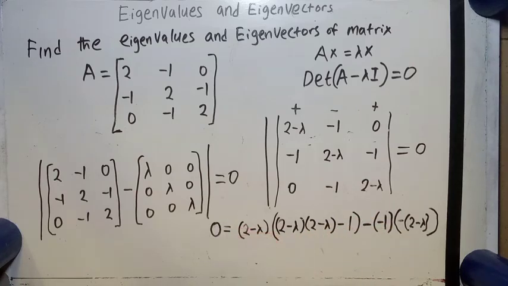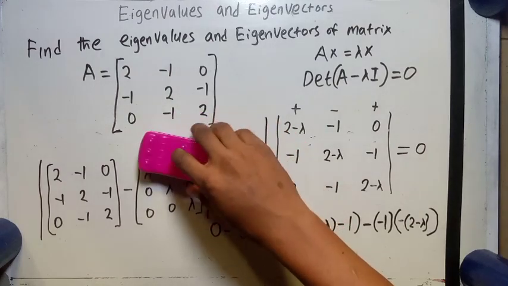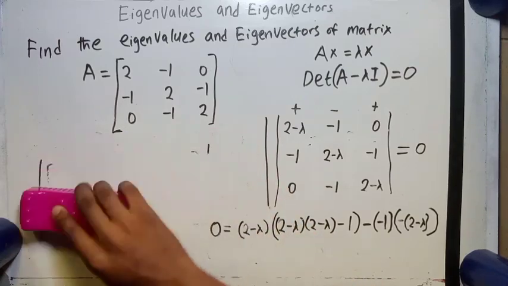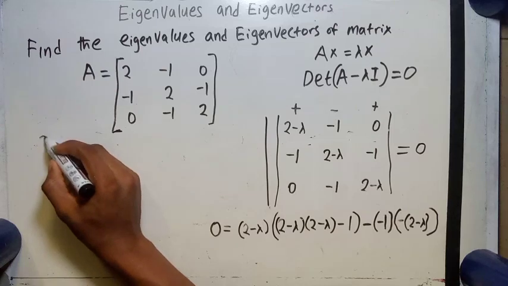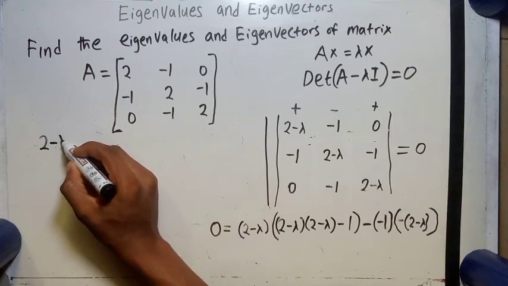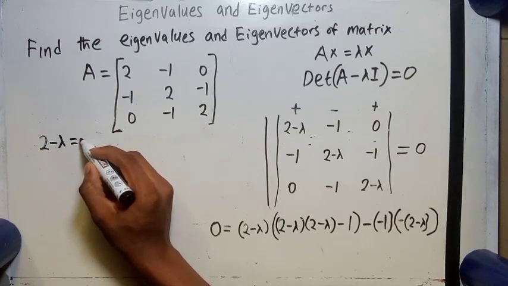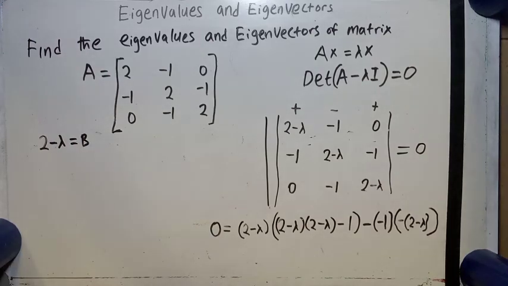For us to proceed, we could just do a small manipulation. Let us just say that 2 minus lambda is equal to B. That's one substitution, because if we substitute, we will see some things from another dimension.